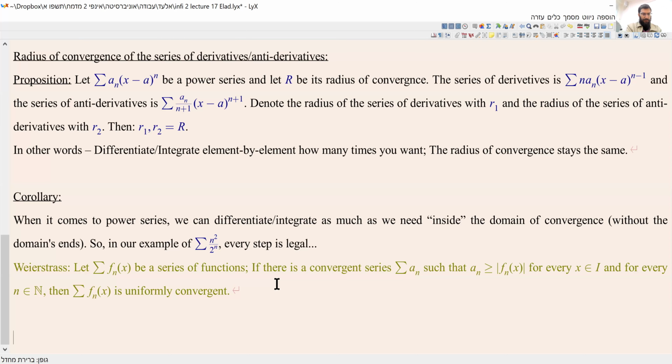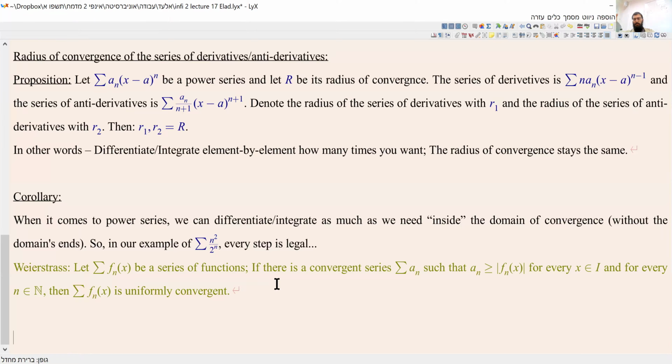I'm not saying that they're not going to be, because if it is a series of functions that is not a power series, let's say it's sine of nx or something like that, then we need Weierstrass or any other method to prove that it's uniformly convergent. My theorems here in the corollary speak only about power series.